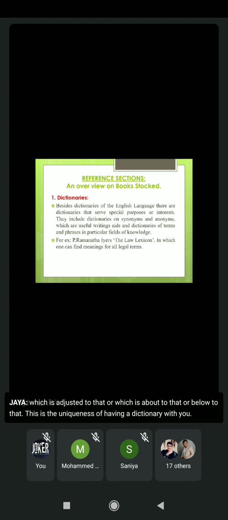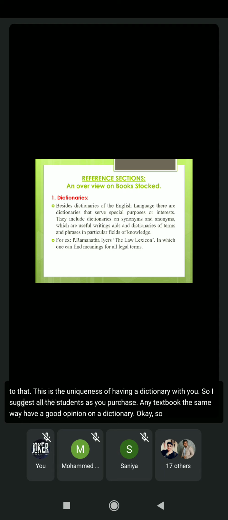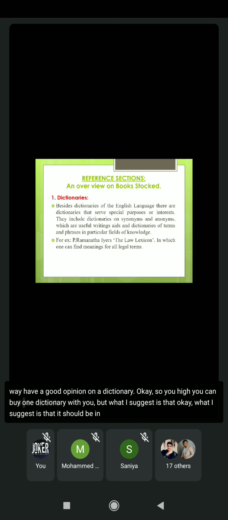So I suggest all the students, as you purchase any textbook, in the same way have a good dictionary. You can buy one dictionary, but what I suggest is that it should be in your regional language and English.